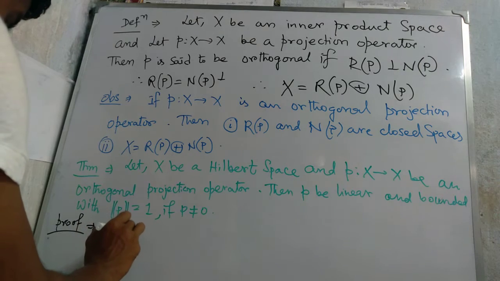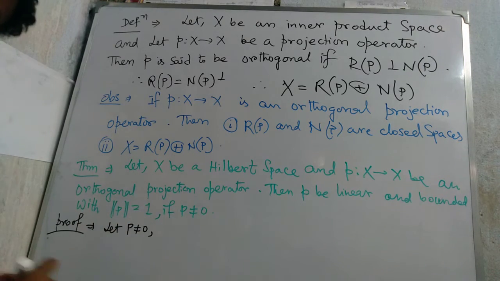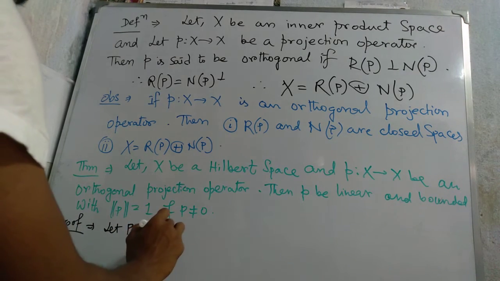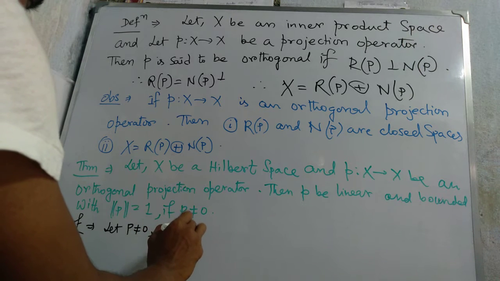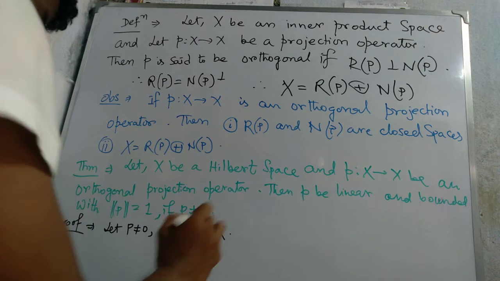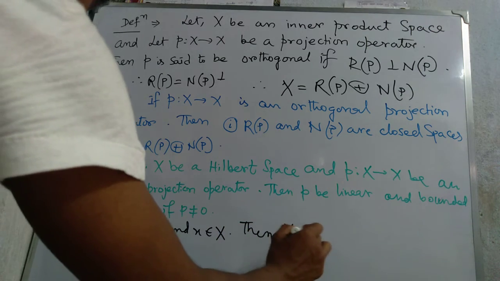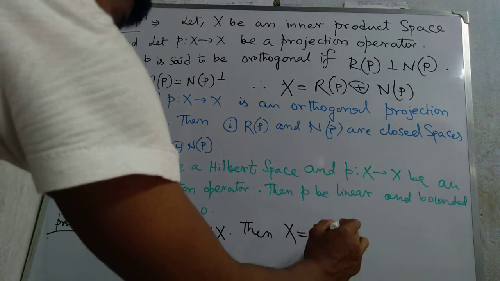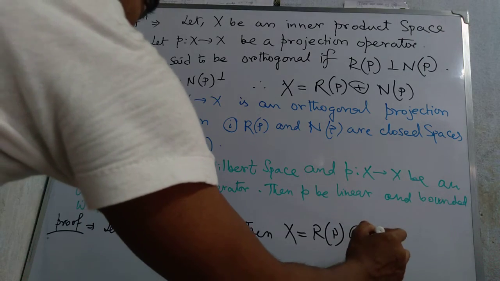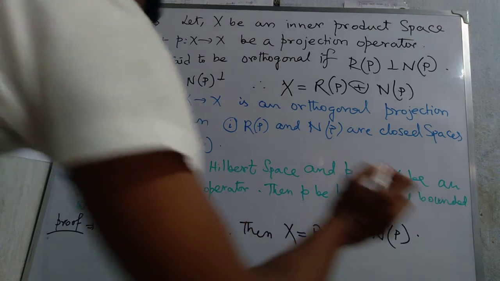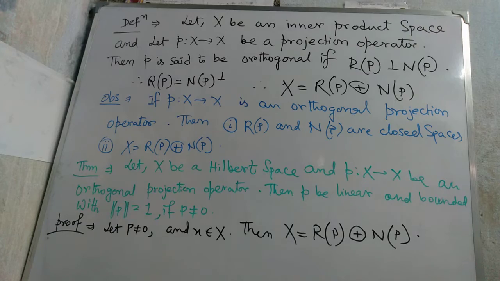Let P not equal to 0 and x belongs to X, then X equal to R(P) direct sum N(P). Okay.